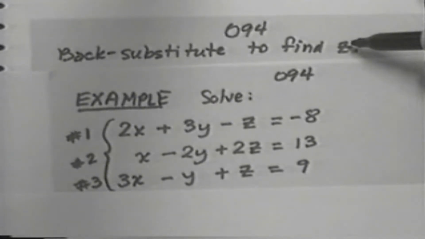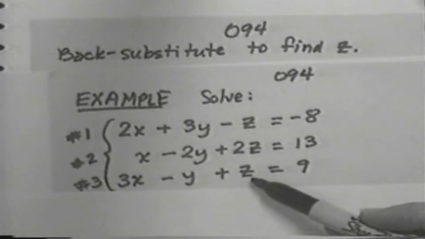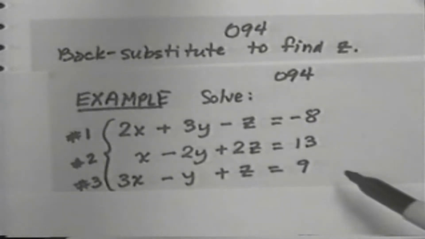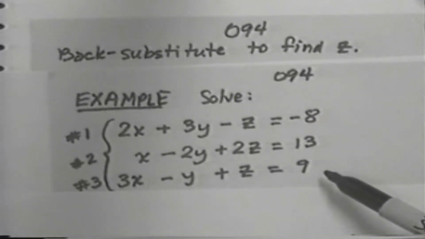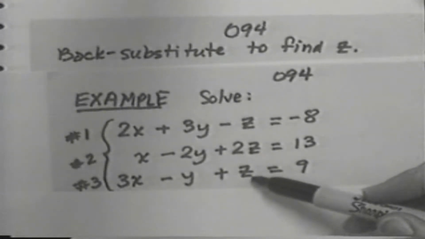If we want to find z, it's not going to be very difficult for any of them. But notice that the third equation has z with a positive 1 coefficient. If you have 1z equals a number, then that tells you what z is automatically. So our easiest choice would be to use equation number 3.